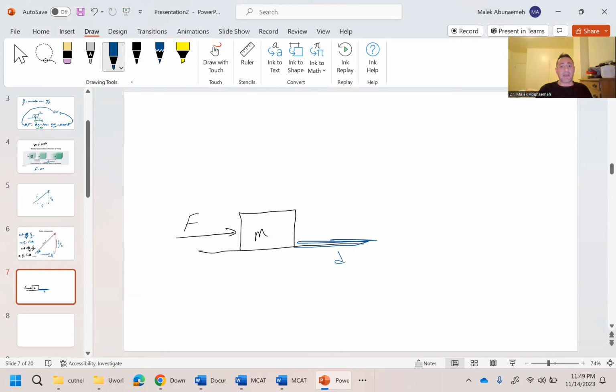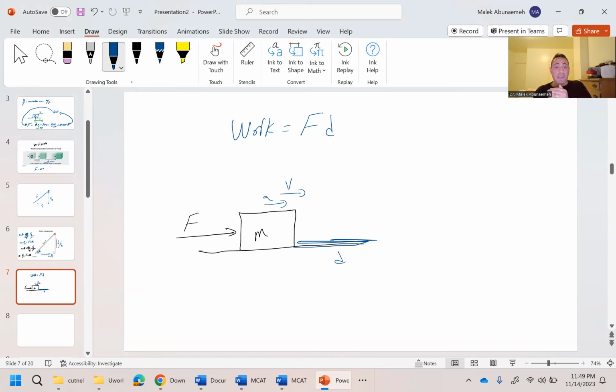That's what we're talking about with work, which is your force, the mass times the acceleration that causes the object to have a velocity from initial to final, times d, going in the direction of the displacement.